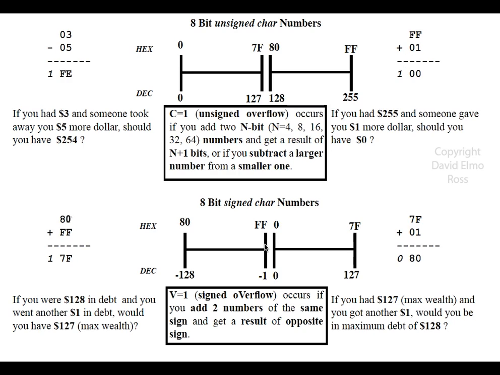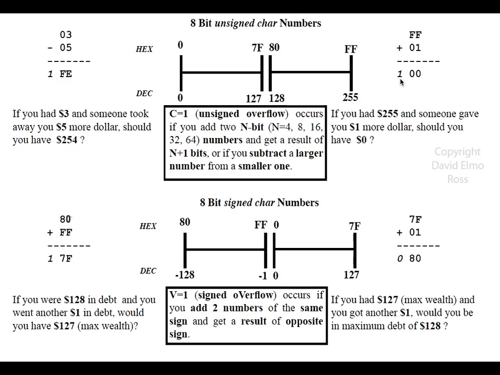FF plus 1 is 0. Not a problem. 3 subtract 5, 3 units this way, 5 units this way, ends up with FE, and FE is minus 2. Perfect. So these calculations don't work in the unsigned, but they work quite nicely in the signed char region.